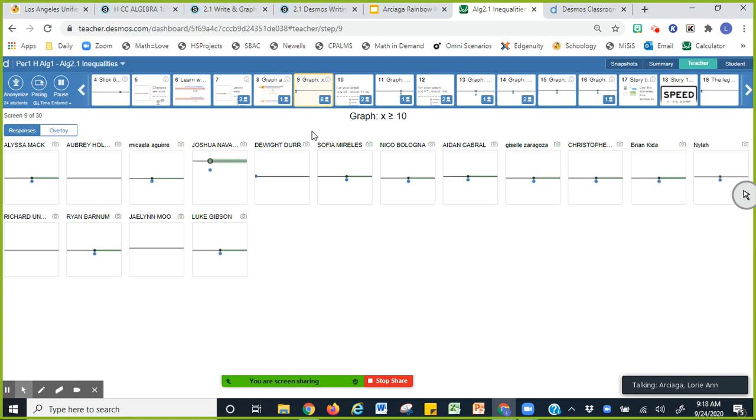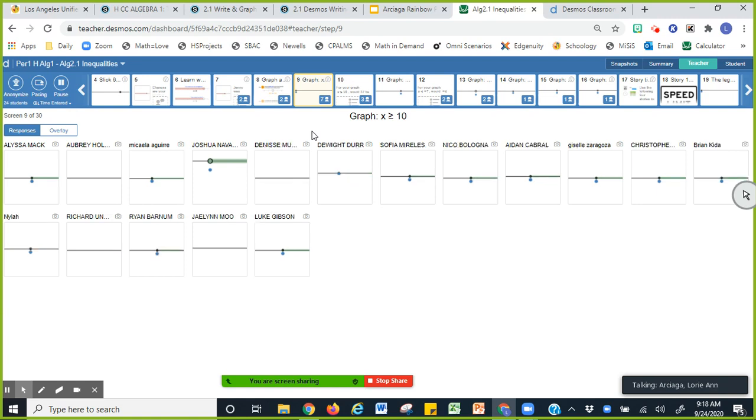Okay, power off. All right, so I remember in school, students would normally say, "Oh, miss, whichever direction the inequality is pointing, that's where we shade." Wherever the inequality is pointing, that's where we shade. And I just want to emphasize that. Now, that is technically true if the variable is on the left hand side.